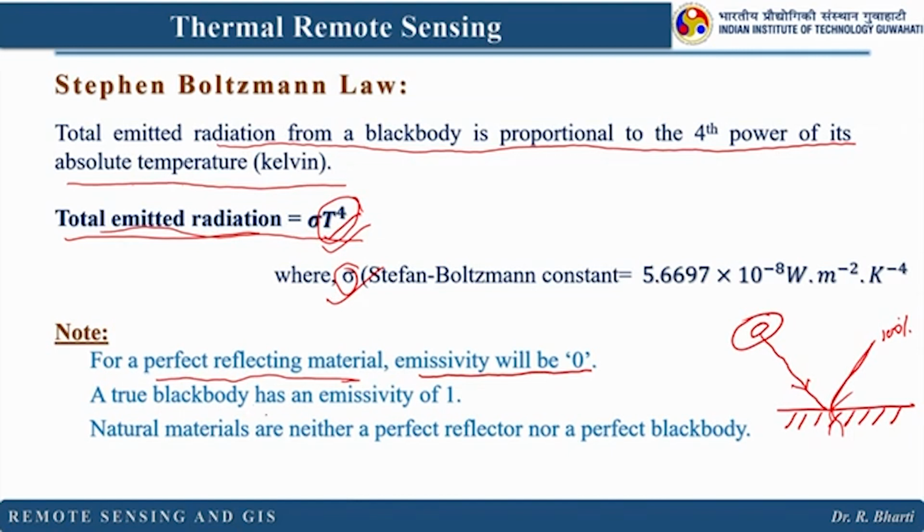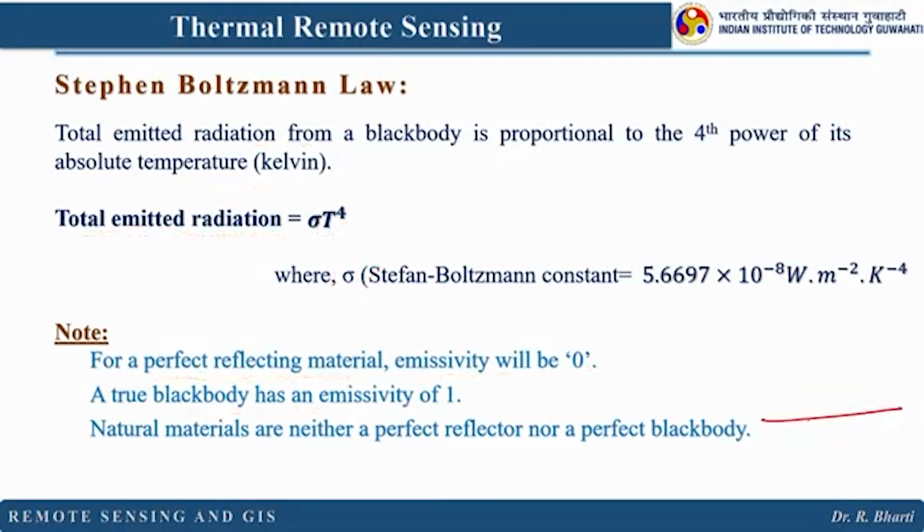A true black body has an emissivity of 1. We call a material a black body when it can absorb all the incoming radiation. This is the definition of a true black body. So let us assume this is my target, and we are referring to this as a true black body. What does it mean?